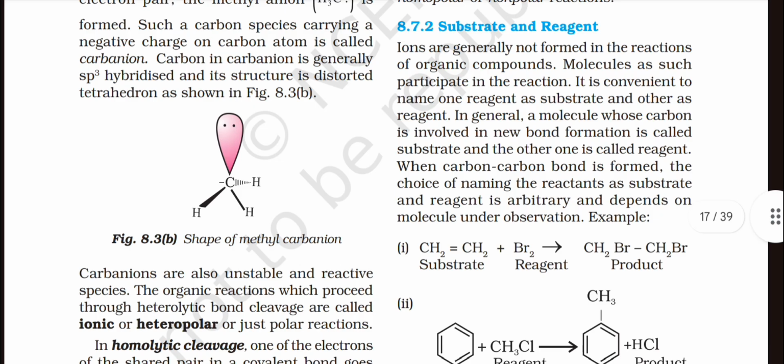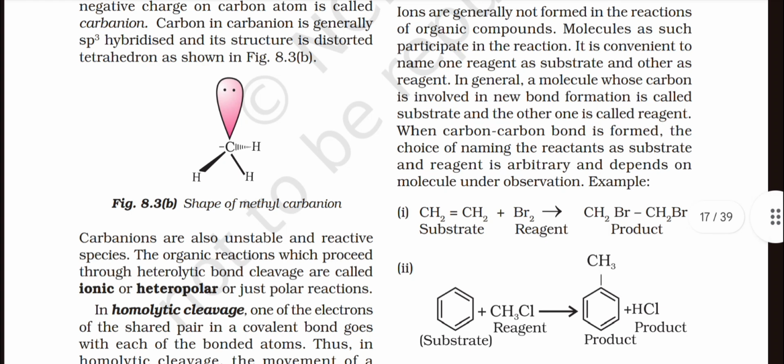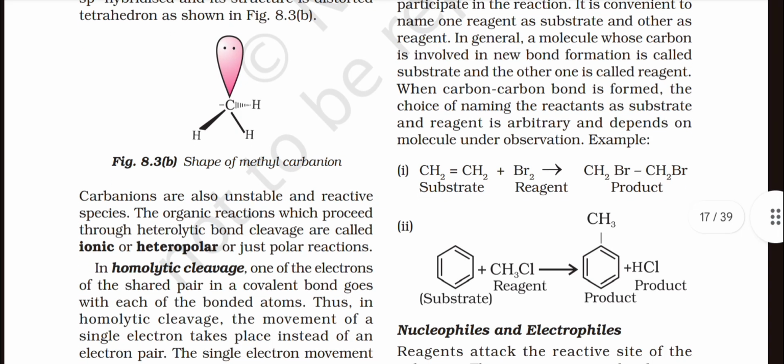It is convenient to name one reactant as substrate and the other as reagent. In general, a molecule whose carbon is involved in new bond formation is called the substrate and the other one is called the reagent. When a carbon-carbon bond is formed, the choice of naming the reactants as substrate and reagent is arbitrary and depends on the molecule under observation.